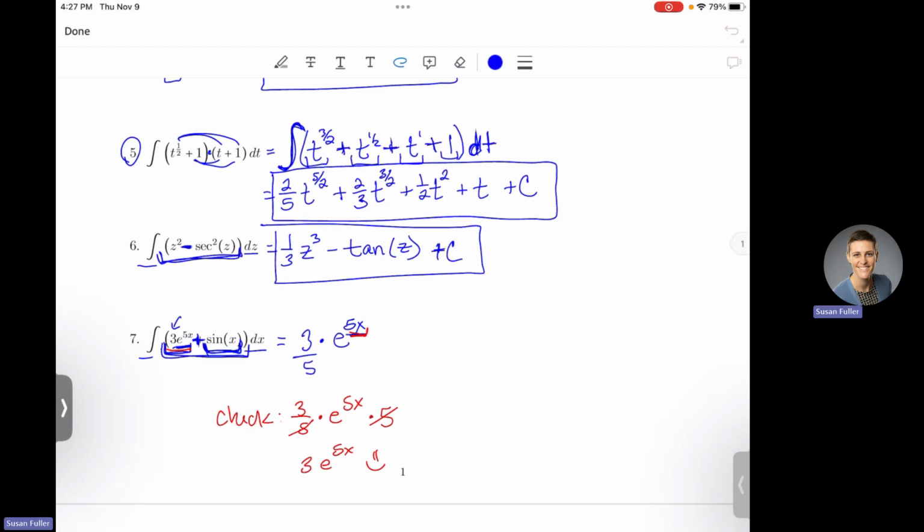So we are going to have a negative cosine x here because the derivative of cosine is negative sine. This negative will cancel that negative from my derivative to make it positive in the end. And then I need to tack on my plus c because this is a general antiderivative.